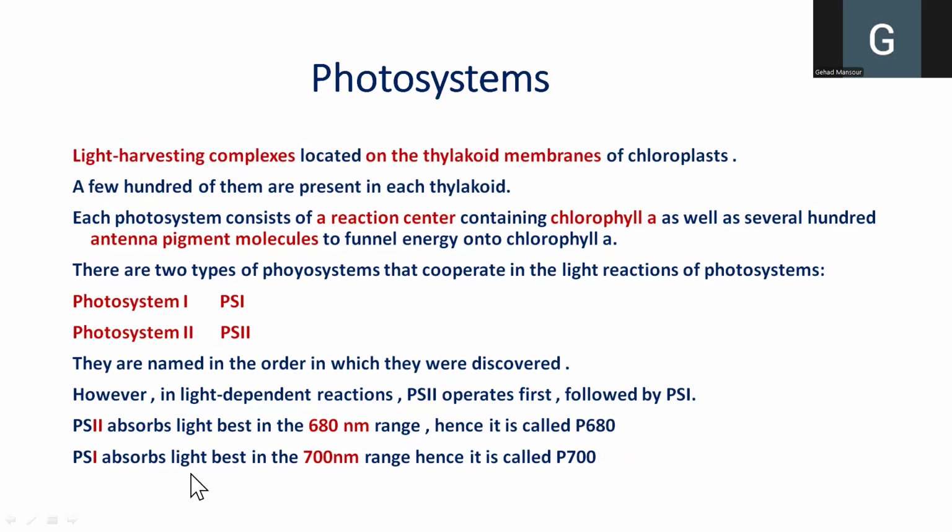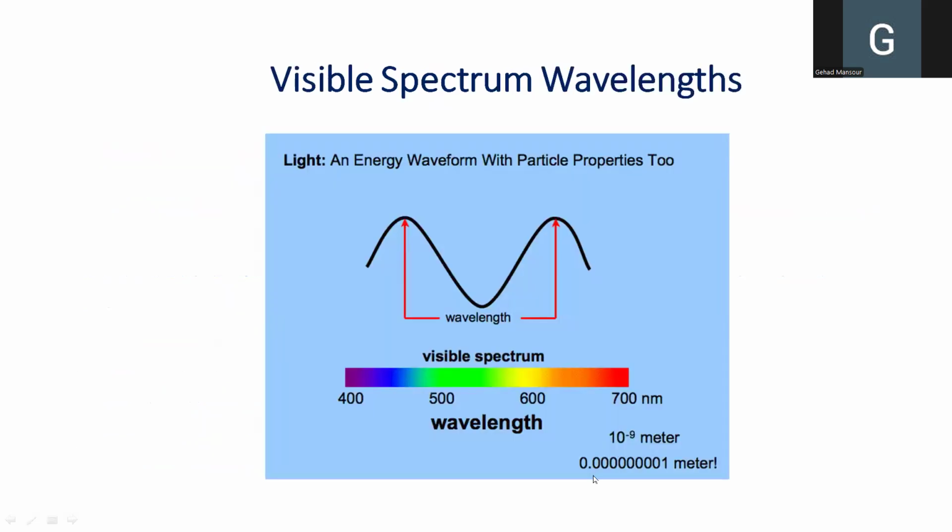And then photosystem 1, the complex of molecules that are present in photosystem 1, is called photosystem 700 because the peak absorption of light energy is in the range of 700 nanometers.